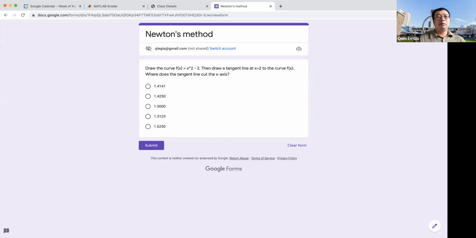I can show you the results and see how people come up with the solution, and we can go back to Newton's method later. So far, no responses.